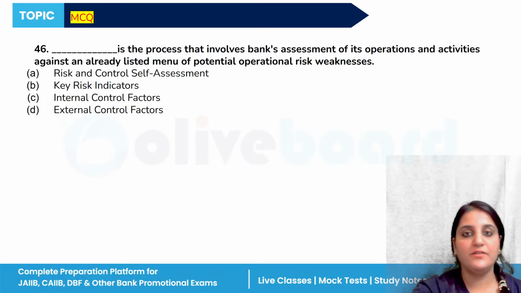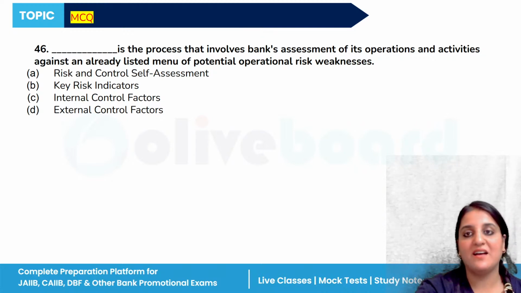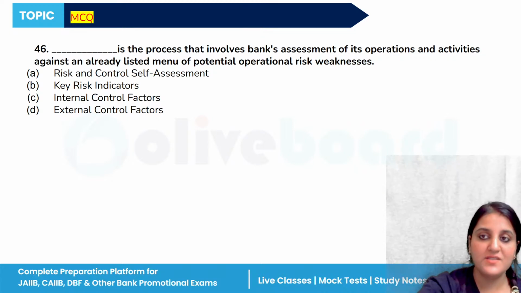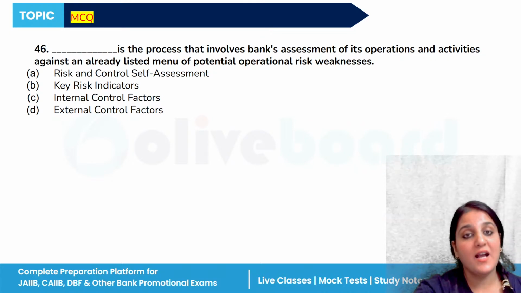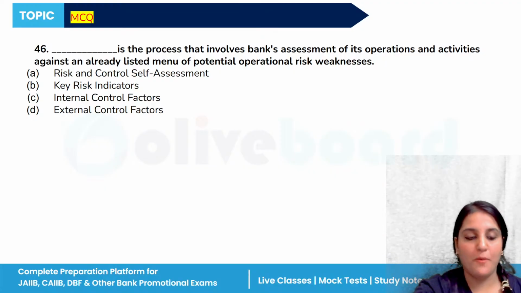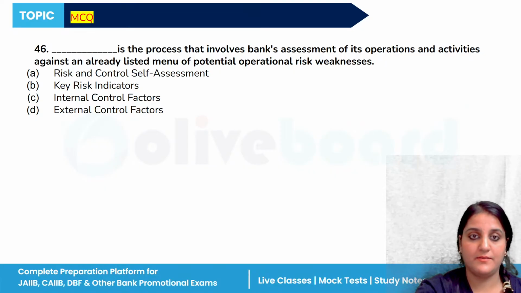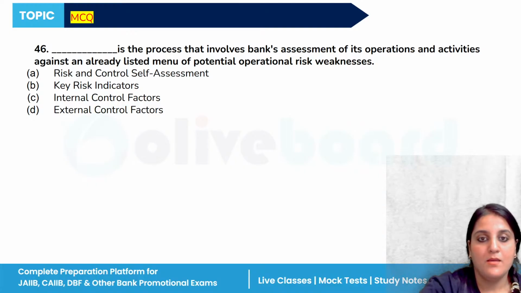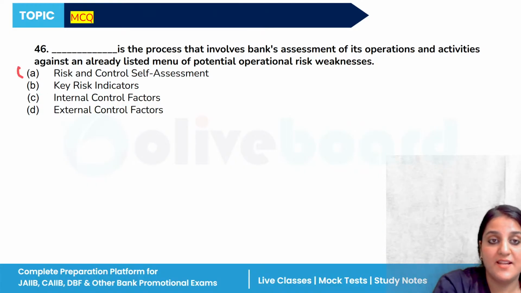Which process involves the bank's assessment of its operations and activities against an already listed menu of potential operational risk weaknesses? See, risk and control self-assessment is that process. Why?